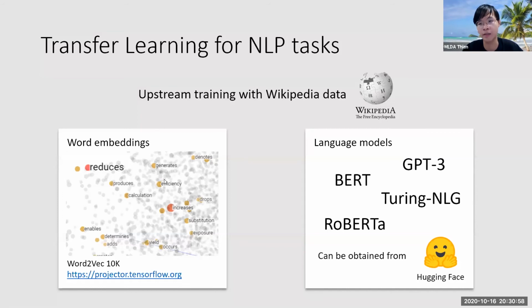And then enable. All of these words have similar meanings. This is very useful in NLP tasks because it gives an understanding of the words, and then helps our model convert from words to numbers to do some math calculations.